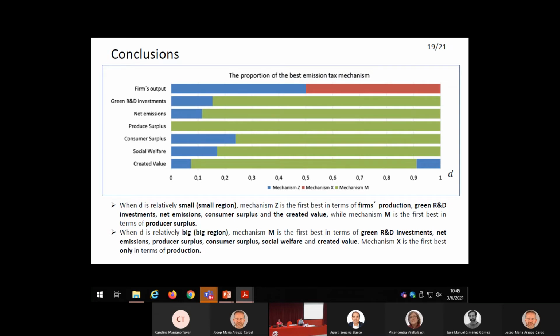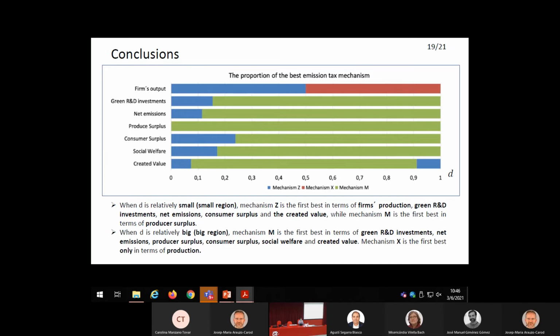We use blue to represent mechanism Z, red to represent mechanism X, and green to represent mechanism M. We found when environmental damage is relatively small, or in a small region, mechanism Z is the first best in terms of firms' production and green R&D investment, net emissions, consumer surplus, social welfare, and created value. However, mechanism M is the first in terms of producer surplus.